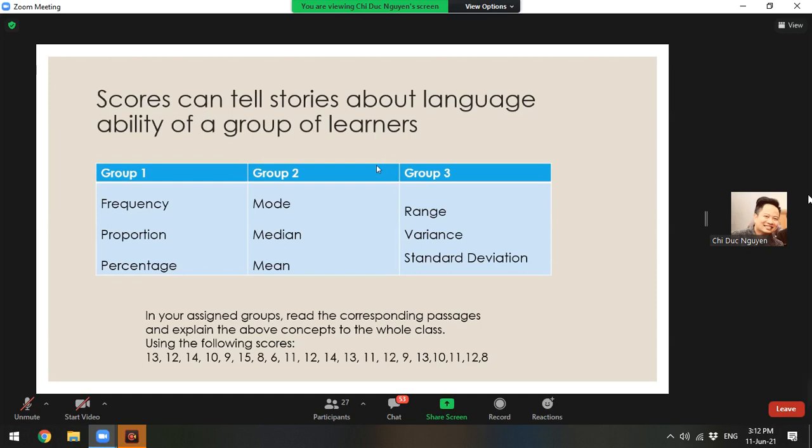Phương Liên, you are right. The standard deviation is the square root of the mean of the variance. And the variance is the distance between a particular score and the mean.